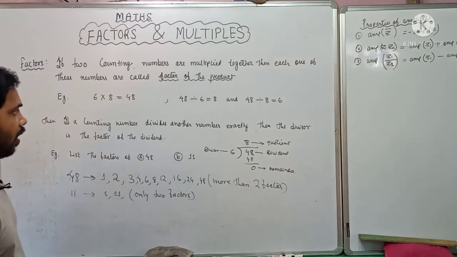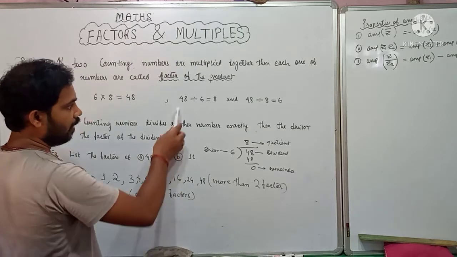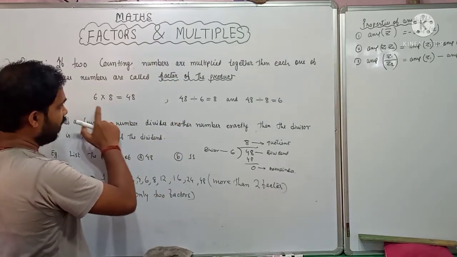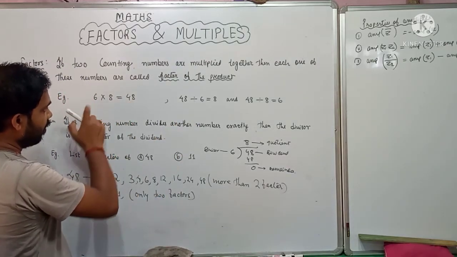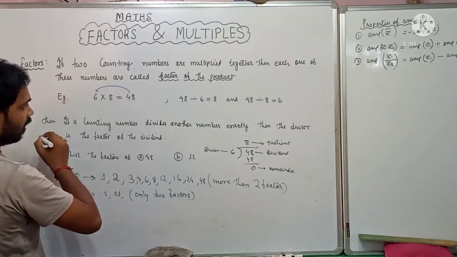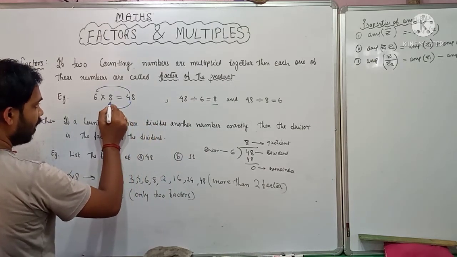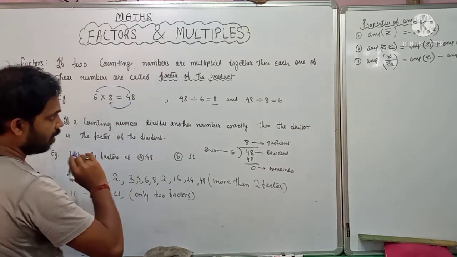Now there is another fact which you have to see. If 48 is divided by 6, what happens? If I divide 48 by 6, then I get 8, and if I divide 48 by 8, then I get 6.